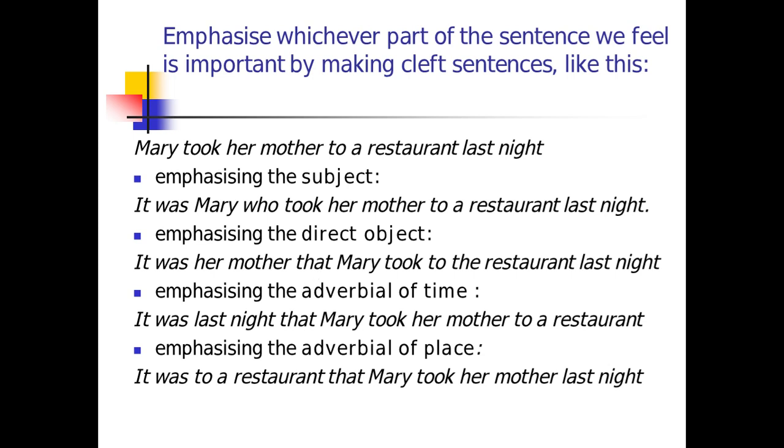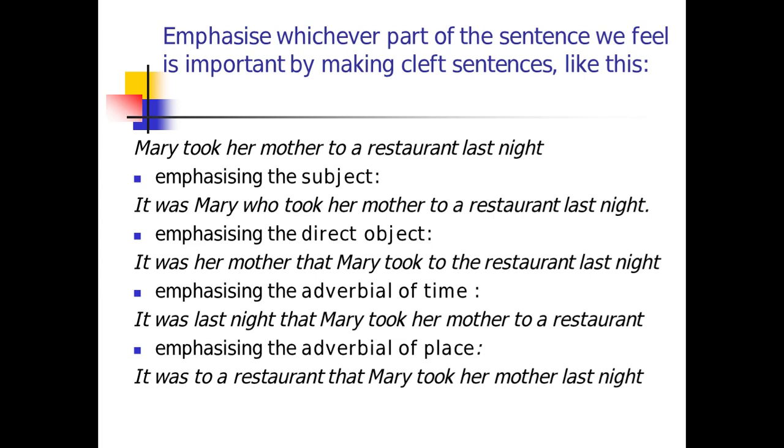I'm going to give emphasis to time. Last night. It was last night that Mary took her mother to a restaurant. And if I want to give emphasis to the place, I'm going to say it was to a restaurant that Mary took her mother last night.